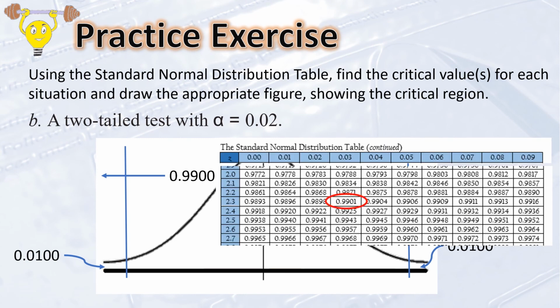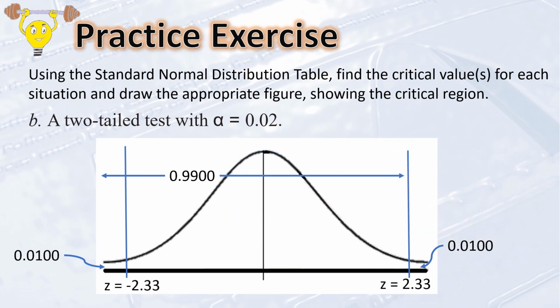The closest to that again is 0.9901, and that is 2.33. So we have the critical values for Z as negative 2.33 or positive 2.33. Then we have the critical regions, one to the left of negative 2.33 and the other one to the right of Z equals 2.33.